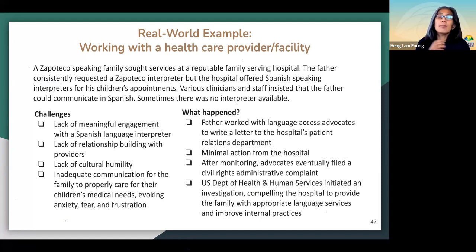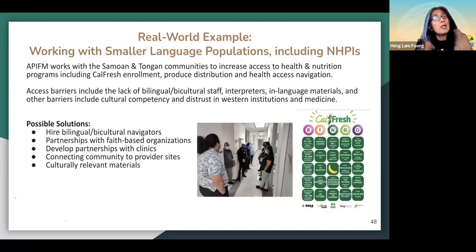Next slide, please. The next example is one from where I work. APIFM works with Samoan and Tongan communities to increase access to health and nutrition programs, including CalFresh enrollment. We distribute produce and offer health access navigation. Some access barriers that we've seen is that we need to have bilingual, bicultural staff.